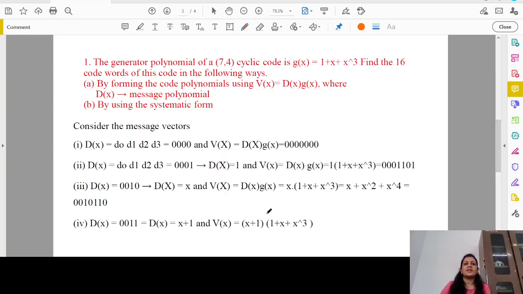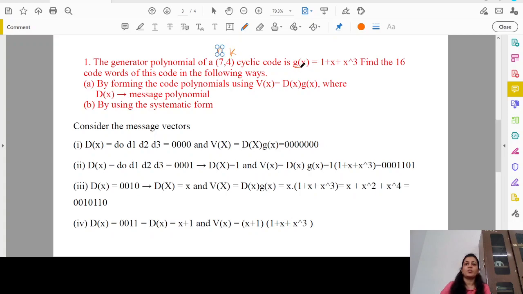Now let us consider an example to better understand how to generate the binary cyclic code. Here the generator polynomial of a (7, 4) cyclic code is given. So the n value is 7 here and the k value is equal to 4.